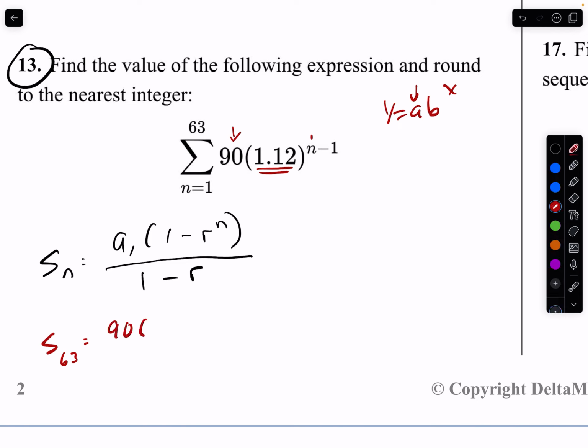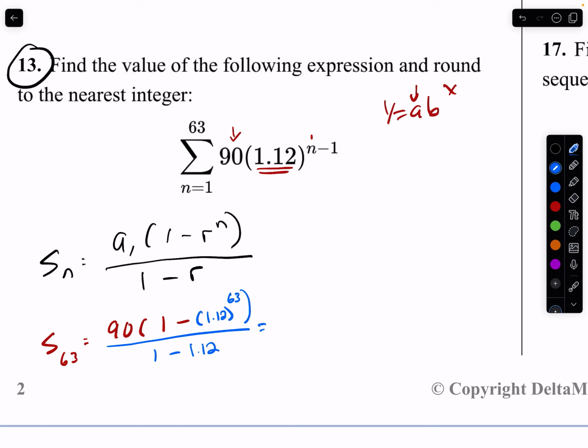And then I've got 1 minus, now what is the rate? The rate is 1.12 raised to the n, which means the number of numbers that we're looking for. We're looking for 63. Okay, and then I've got 1 minus the rate again, so that's 1.12.